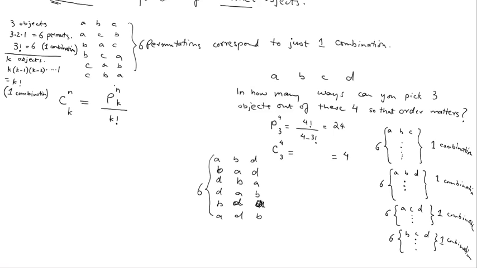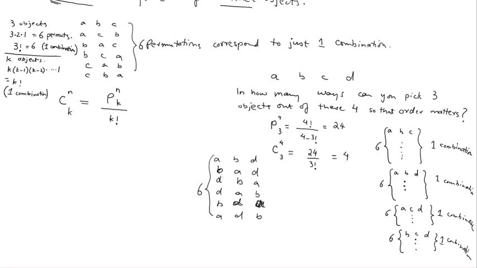And look at the formula that I had: combinations equals permutations divided by k factorial. Permutations were 24. And I divide by k factorial. Now what is k factorial? 3 factorial, which is 6. And you get 4.